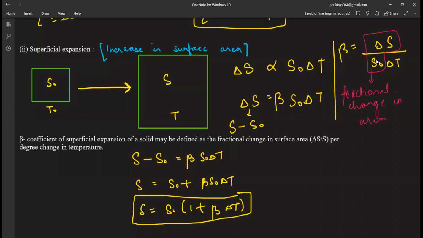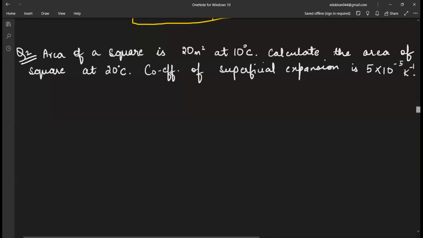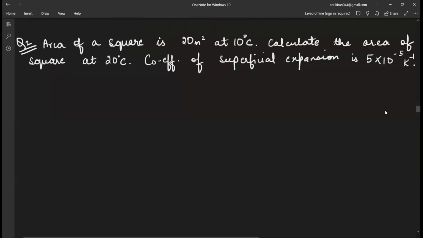Fractional change in area per unit degree Celsius change. This is again Kelvin inverse or degree Celsius inverse. So you can write delta S, that is S minus S naught, is equal to beta S naught delta T. S naught you will shift here. You will get again the same equation as you received for the linear one. Fine.